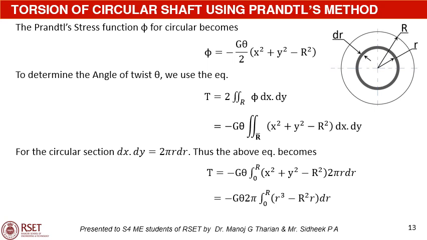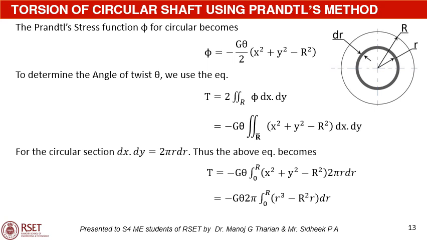Consider the cross section shown in figure. The area of the annular region shaded is given by 2 pi r into dr. If we integrate this expression from small r is equal to 0 to small r is equal to capital R, it will cover the entire cross-sectional region R bar.